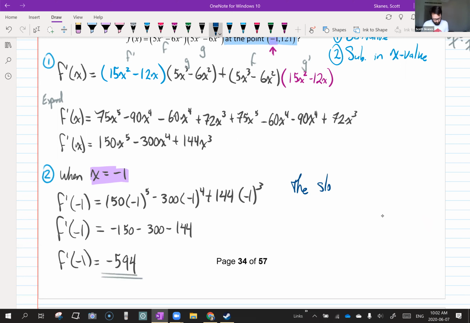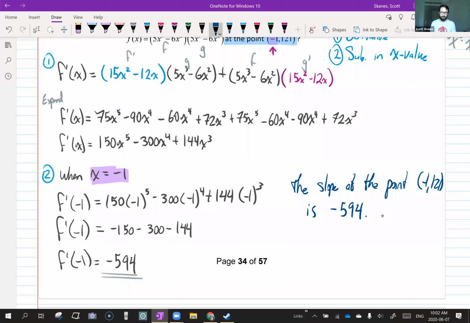The slope at point negative 1, 121 is negative 594. That's our final answer. So I'm going to let you catch up, make sure you get that.